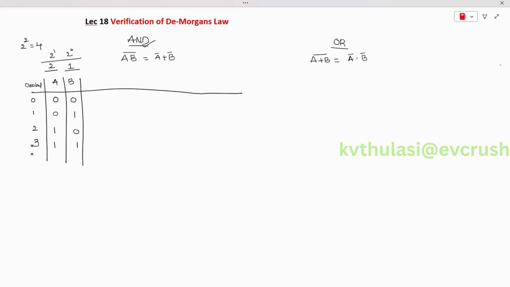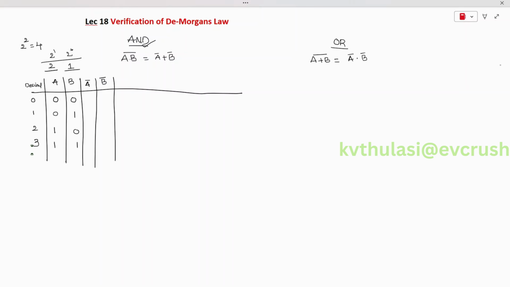Here you require the A into B value, and you require the A bar value as well as the B bar value. Let's perform A bar and B bar.